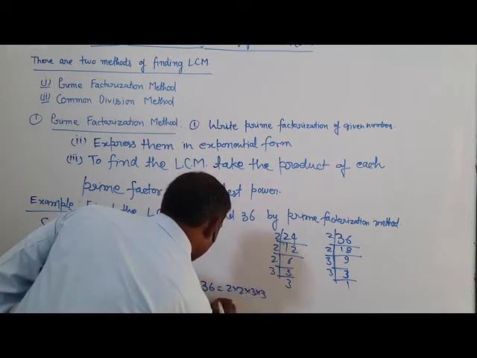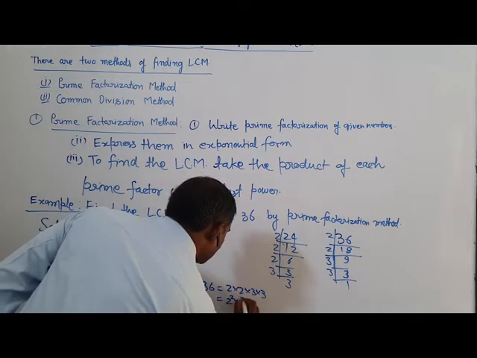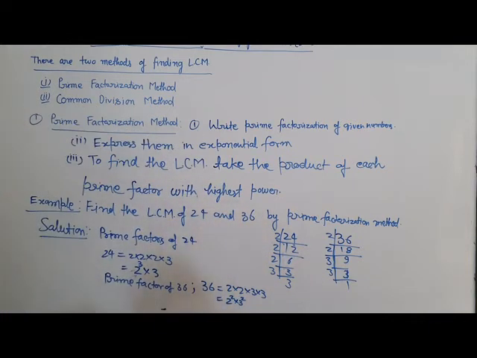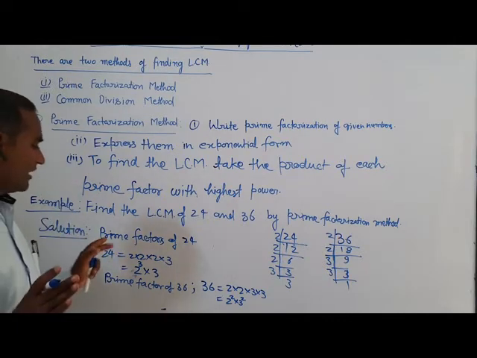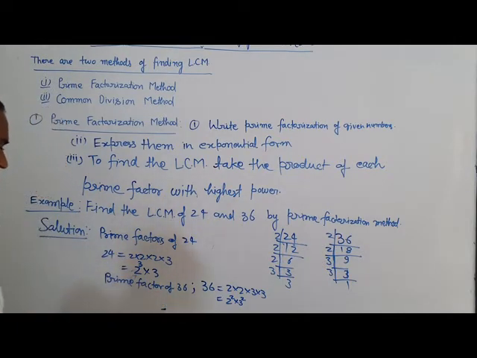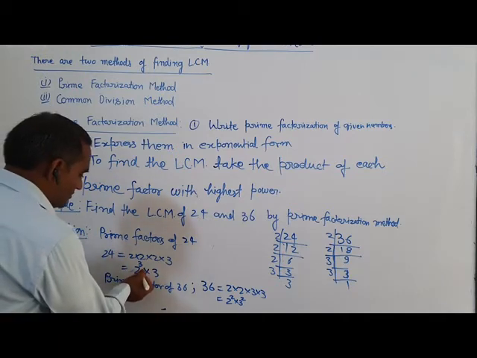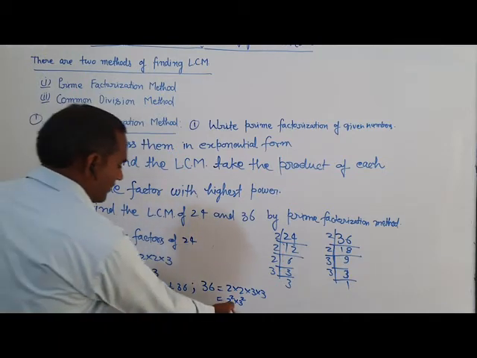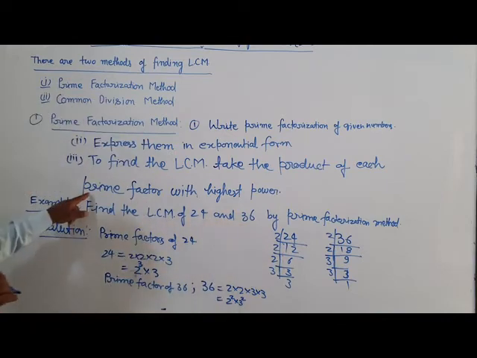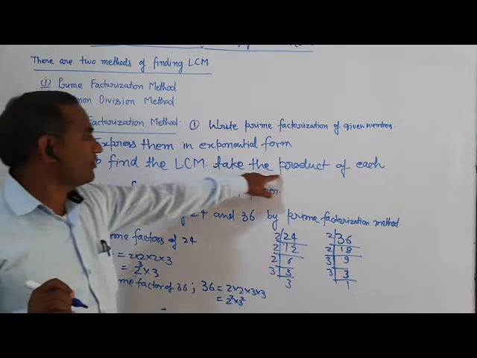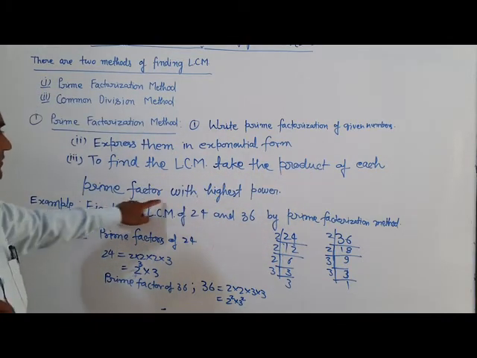You can write 2 raised to the power 2 into 3 raised to the power 2. Here we have 2 raised to the power 3 and 2 raised to the power 2. So to find the LCM, take the product of each prime factor with highest power.